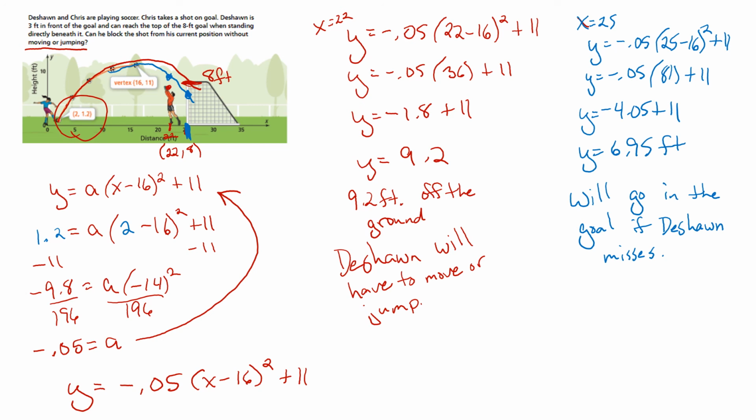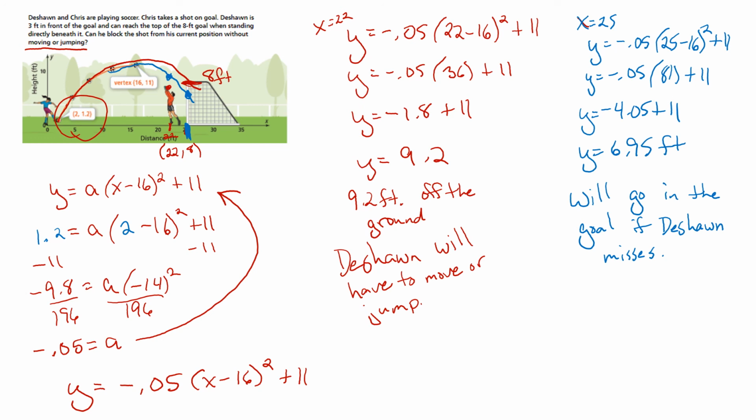So that's an application for these quadratic functions. In vertex form specifically, we saw how we can write the equation from some information in the graph. If we know the vertex and a point, we can write the equation and then use it by plugging in information we know.